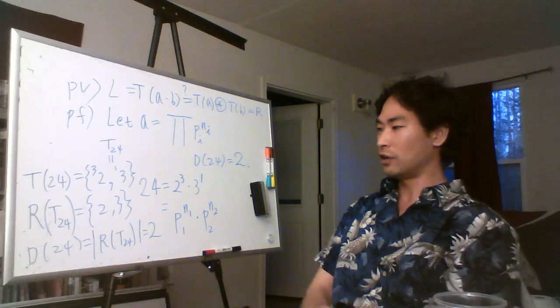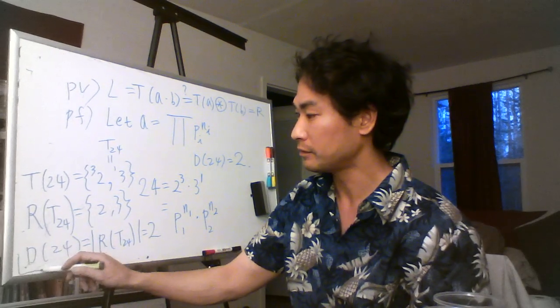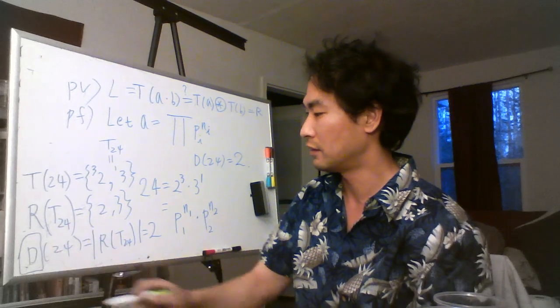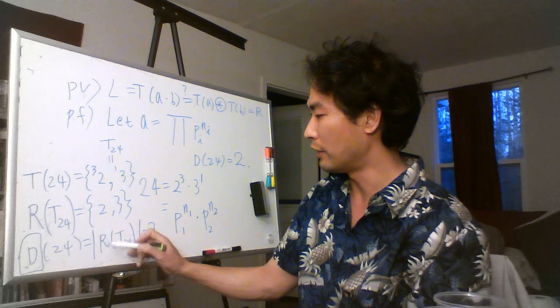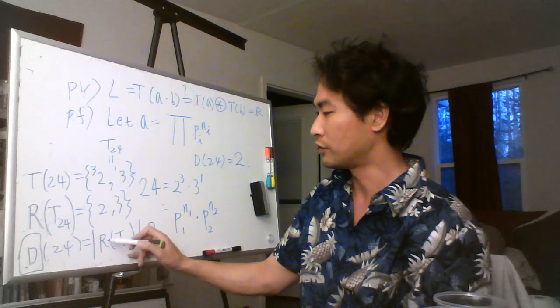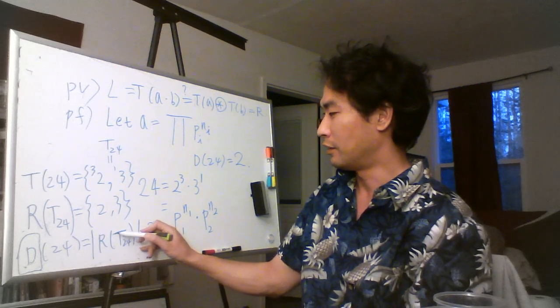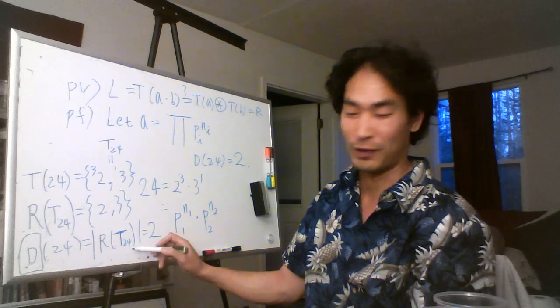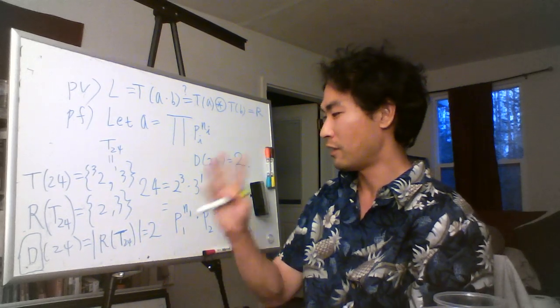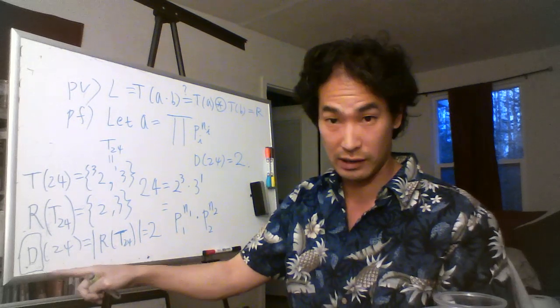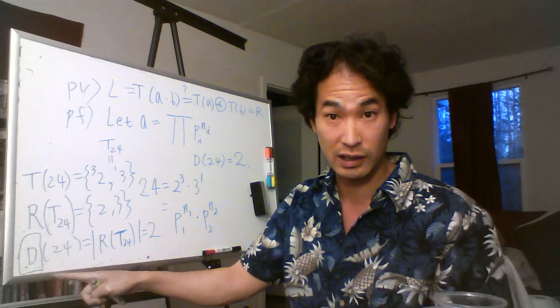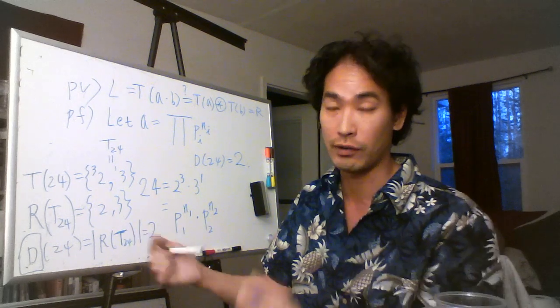So that's the definition of D, the distinct prime counting function. It's the absolute value of the reduction of T of 24. So all of these functions combined, that's the function.